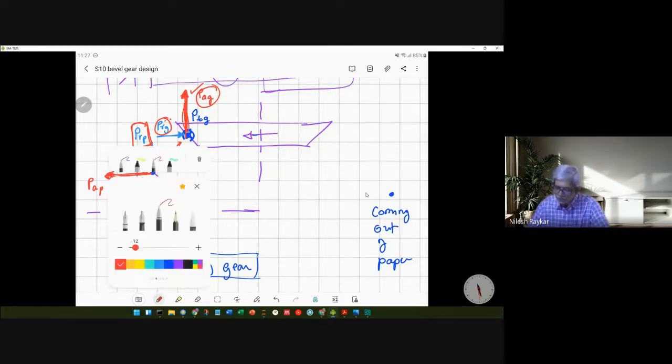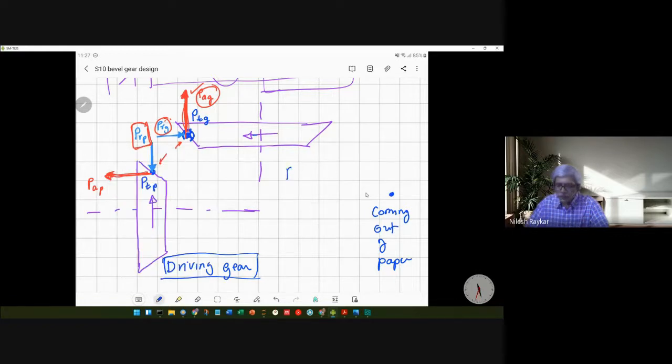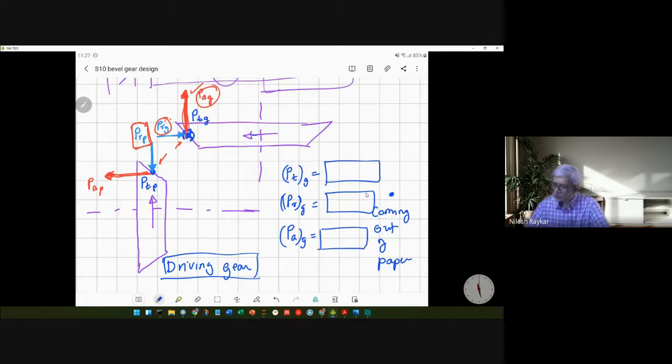So we have the tangential force for the gear, P tangential, P radial for the gear, and P axial for the gear. What we established earlier were the forces for the pinion. Now by force equilibrium, we have to write the expressions for the gear. So look at the diagram which we just drew for the direction of the forces acting on the gears.